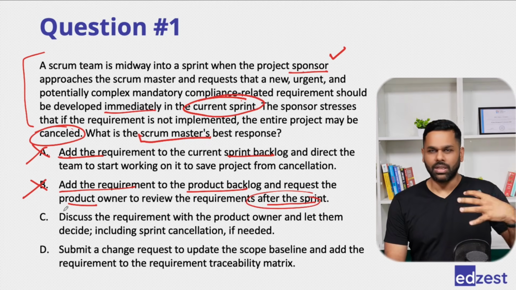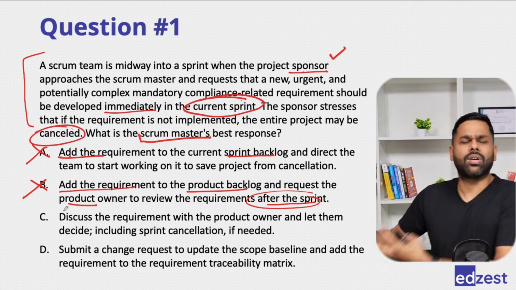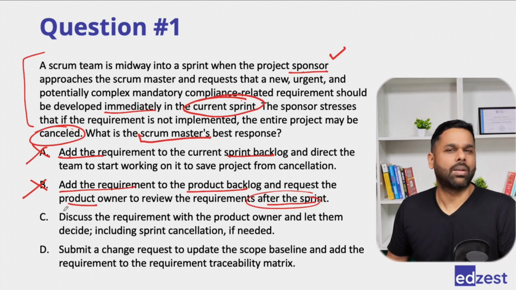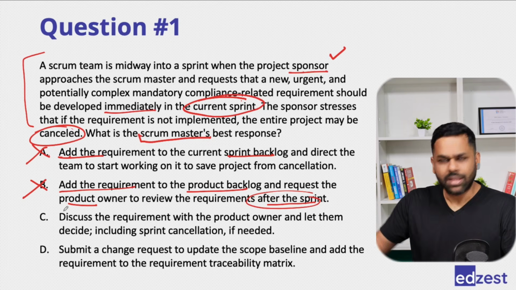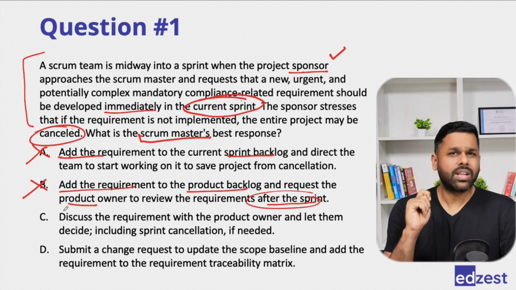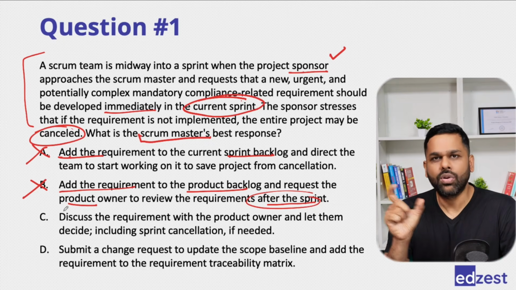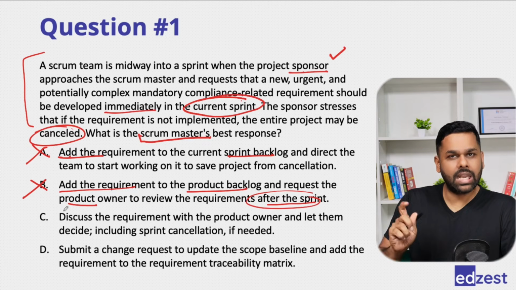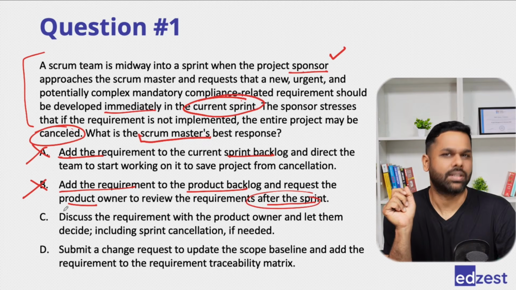So a sponsor has come to me asking about a requirement. So I have gone to the product owner so that I can discuss with them that this is what the sponsor is saying. What do you think about it? Okay, and then let the product owner decide. Now, what is very important is that within the sprint, we don't add the requirements. Right? Unless and until all the user stories are complete. Right?